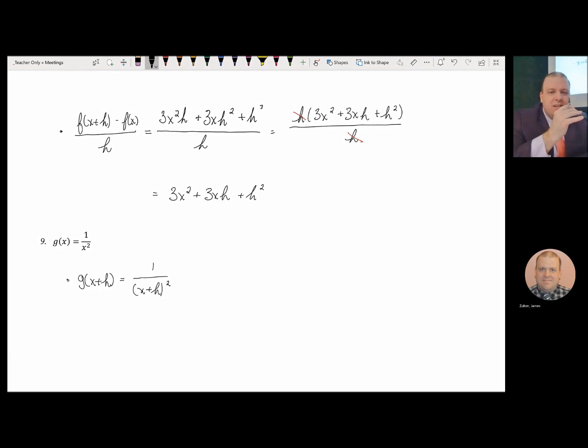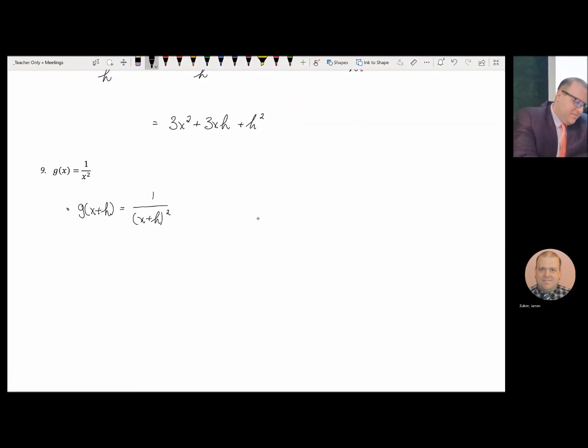You can expand that out, but I'm just going to leave it for right now. So take that, subtract out g of x. And simplify.